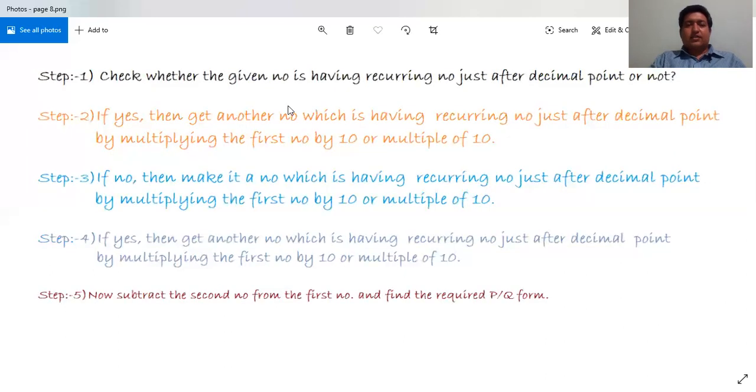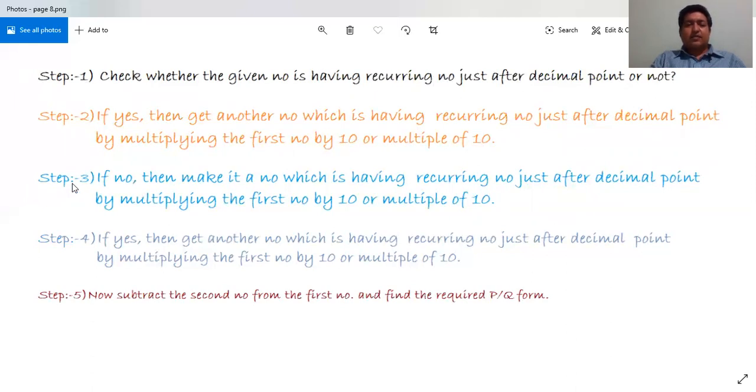Okay, so this is the nutshell of how we can do it. Step one: we have to check whether the given number has recurring digits just after the decimal point or not. If yes, like in the previous example, then we have to get another number which has the same recurring digits just after the decimal point by multiplying the first number by 10 or a multiple of 10.